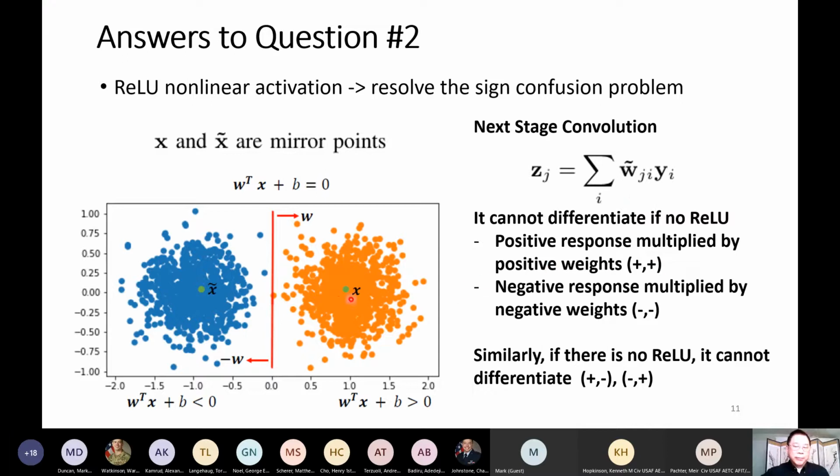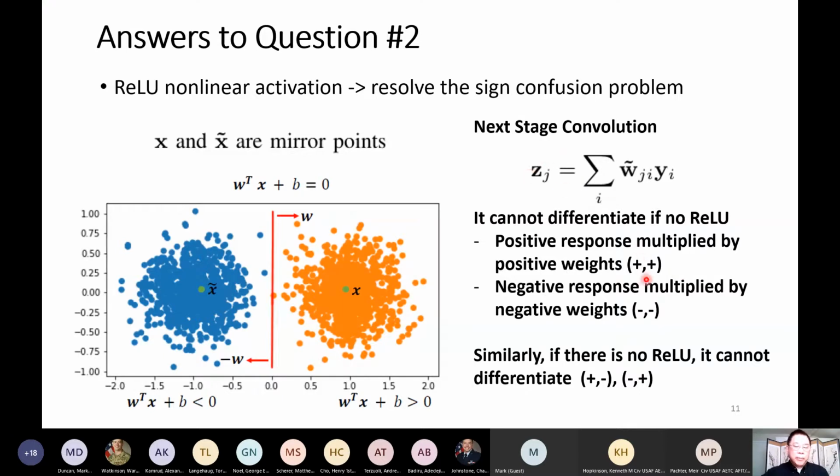If y is positive, meaning the point is positive and the weight is positive, the multiplication is positive. Or if the response is negative and the weight is also negative, the multiplication is also positive. So these 2 add together and both contribute to the positive part of this output.